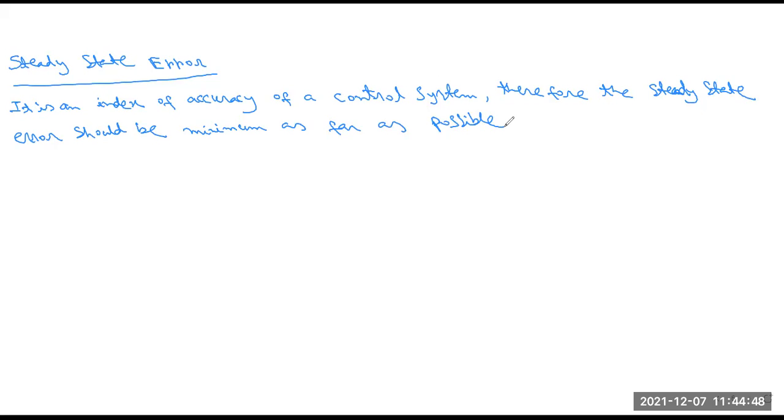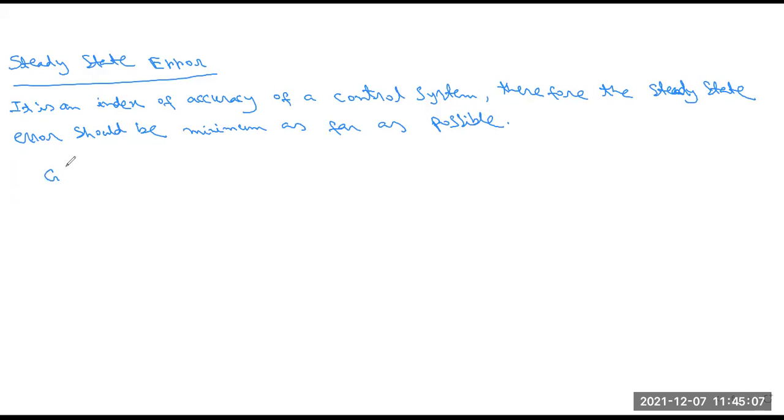Okay, so the steady state performance of a control system is assessed by the magnitude value of the steady state error also. Okay, so we express these equations elaborately.